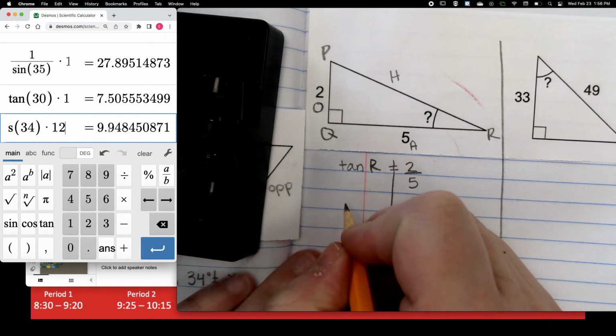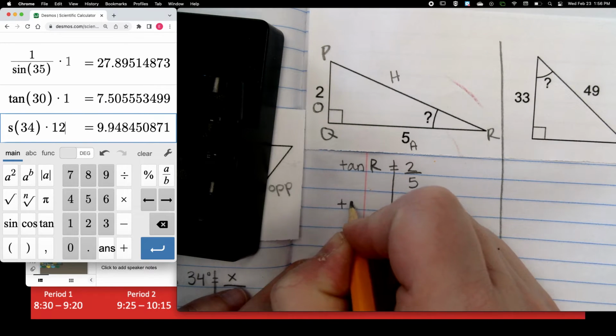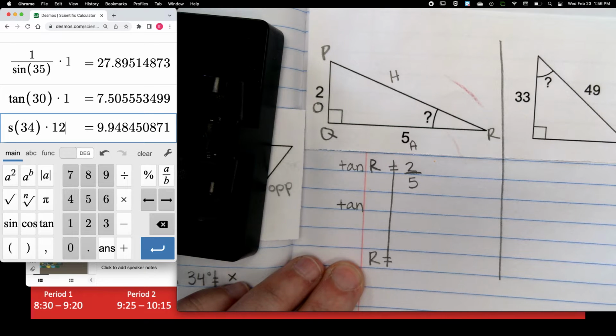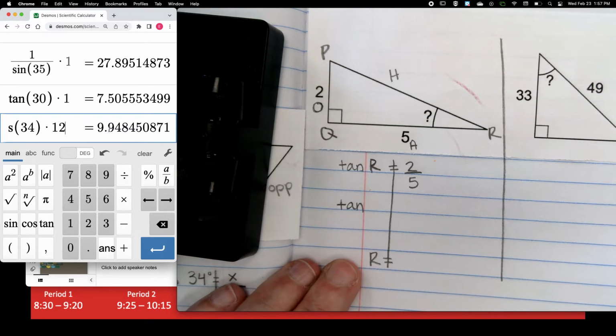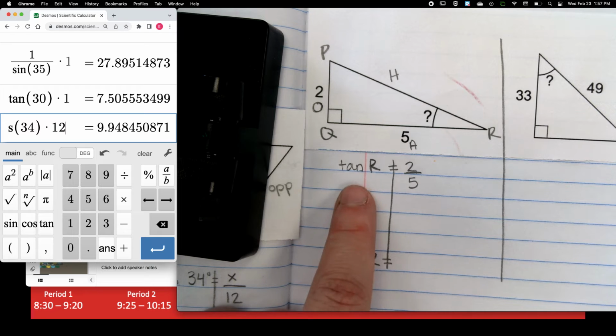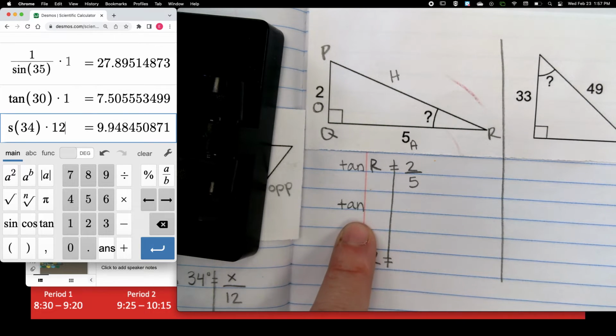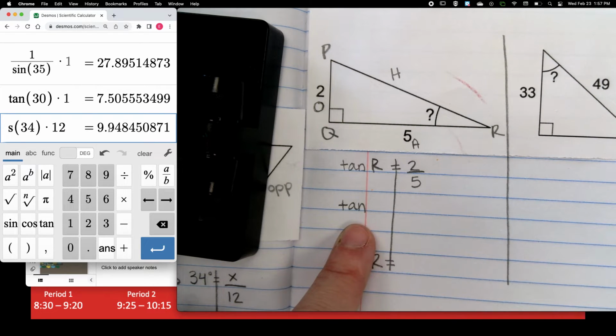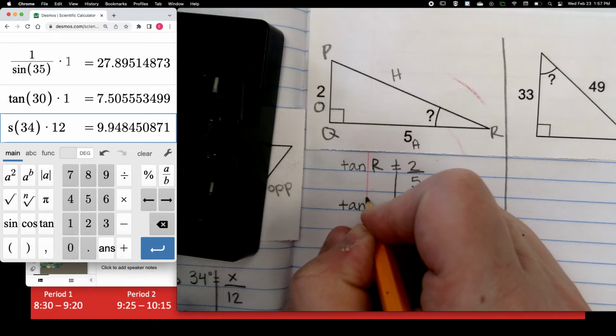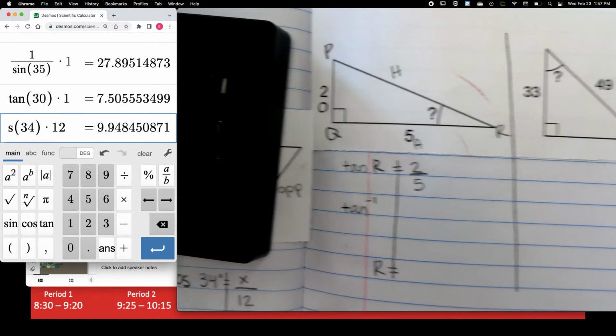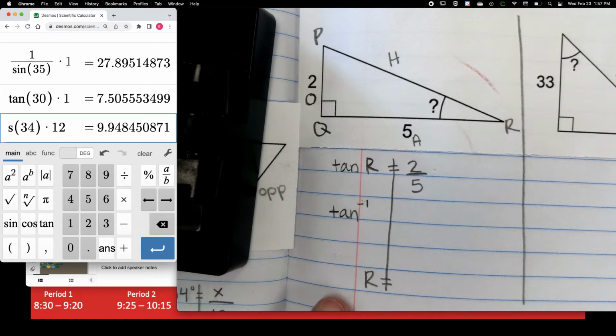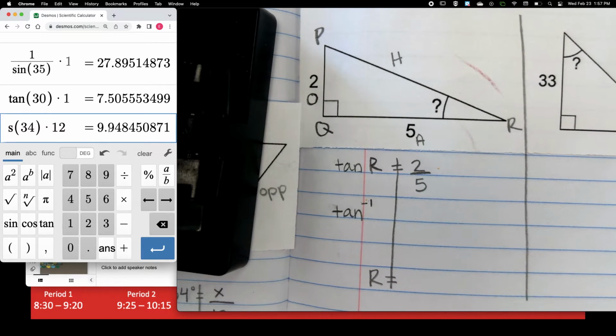What that looks like is we write out that word that we're undoing. It could be sine, it could be cosine, but in this case it's tangent. And then to show that it's the inverse, we do an exponent with a -1, a little -1 off to the side. And that tells us that we're going to undo that tangent.